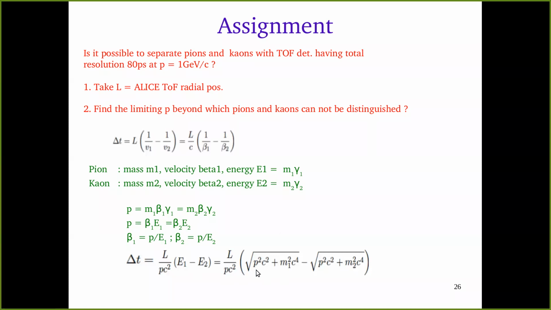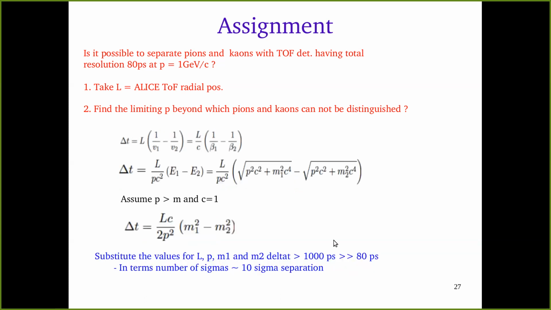Once you have this relation, then you can expand it in terms of this relativistic expansion of the energy, that is p square plus m1 square and p square plus m2 square. And if you assume that the momentum of the particle is much larger than the mass of the particle, then you can have a more compact notation where you can directly relate the time difference to the masses of the particle.